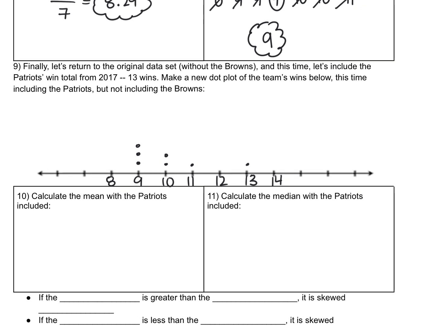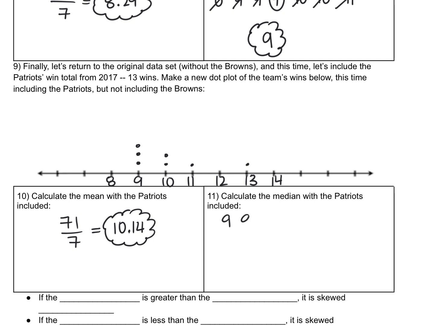This time my mean is going to change in the numerator, so I do 58 plus 13, and I get 71 divided by 7, which is 10.14.